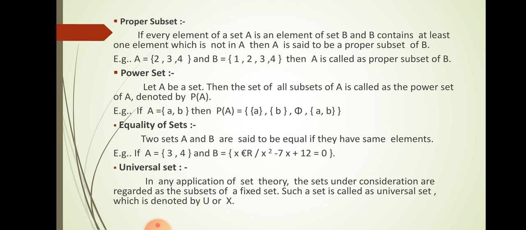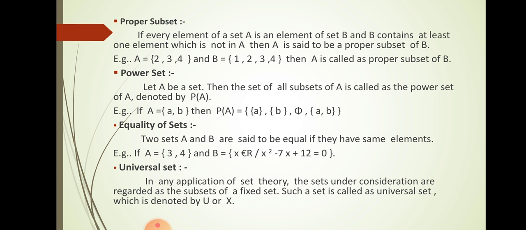The next point is equality of sets. Here we see the definition of equality of sets. That is, two sets capital A and B are said to be equal if they have the same elements.